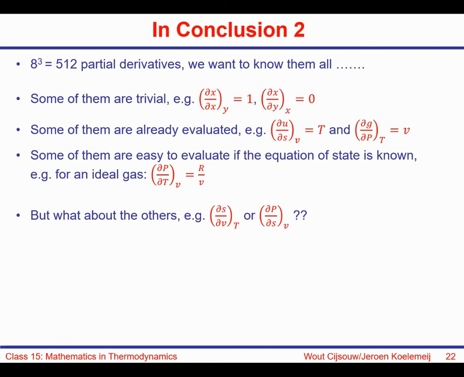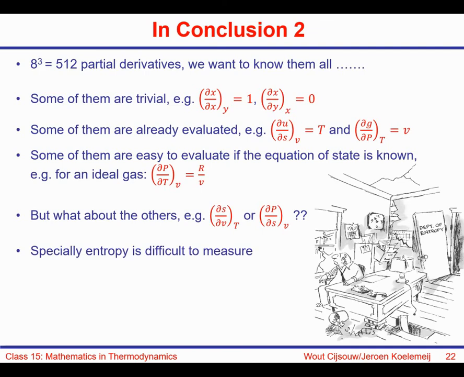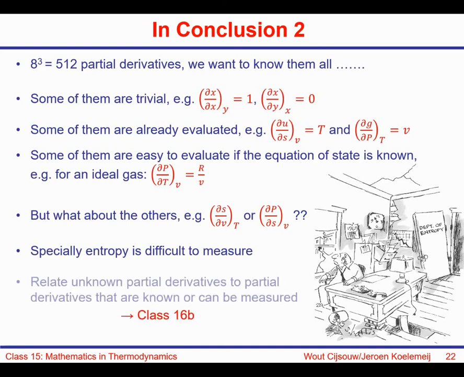How do we obtain these? And in particular, the ones involving entropy, because that's notoriously difficult to measure. Now, that's what we will learn about in class 16b. We will learn about nice tricks to convert partial derivatives in terms of not so handy variables into expressions that involve easily measured variables. And we will see another few interesting things.